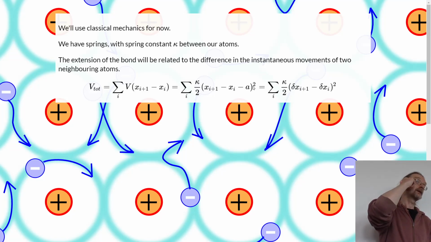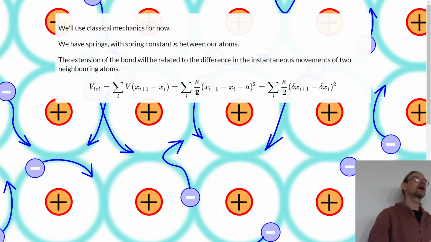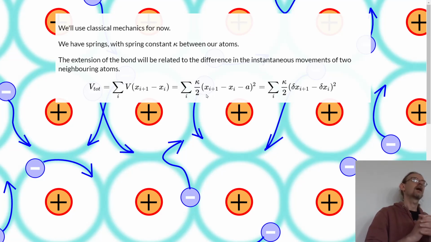So that's our potential energy, and we add it on for each, summing over all the atoms. And we've got a half, because this way of doing it, we would count each interaction twice, because, no, we wouldn't. You can ignore that comment. The half is just the way we've defined it, that the potential energy is half k x squared.